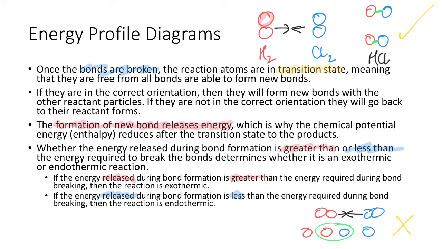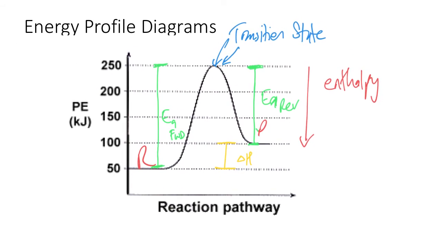Let's have a quick look at these two things again. Is this endo or exothermic? The amount used going up here is less than the amount produced over here. So therefore, this is endothermic.